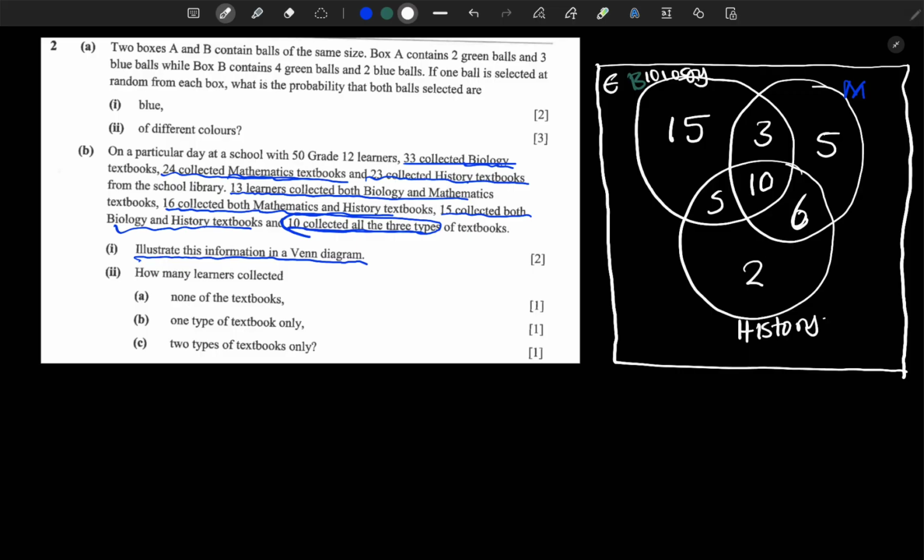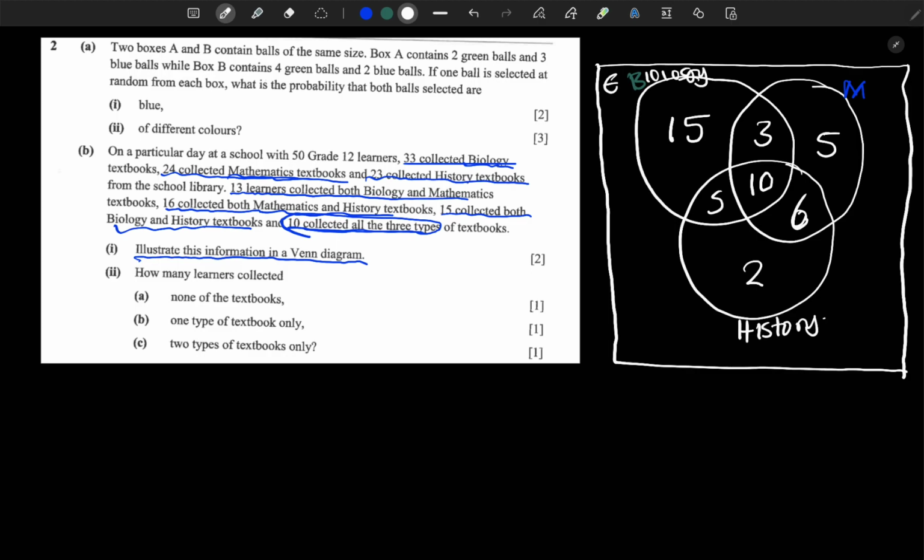Now we also need to make some calculations to prove if the numbers that we have here add up to 50, since we are told that the total number of grade 12 learners was 50. So we need to check. You add all the numbers that you have in the Venn diagram. So 15 plus 3, that is 18, plus 3, 21... 15 plus 3, that is 18, plus 5 is 23, plus 10, 33, plus 6, 39, plus 5, that is 44, 44 plus 2, that is 46.